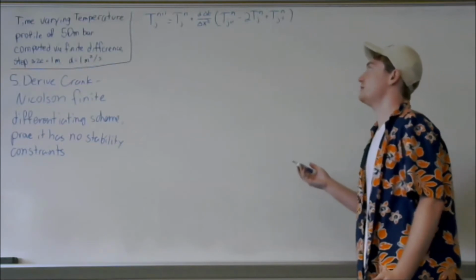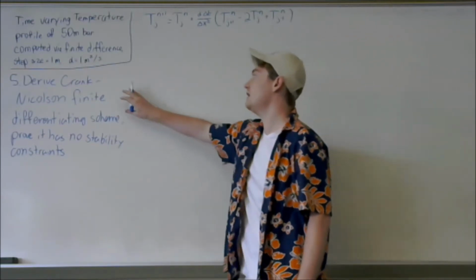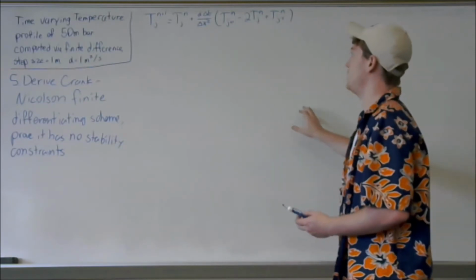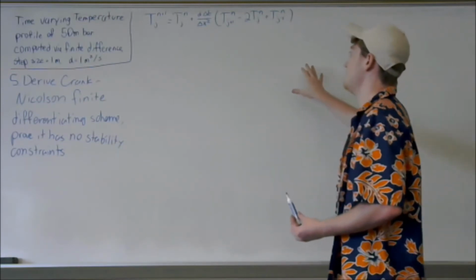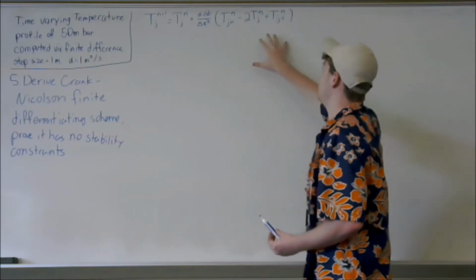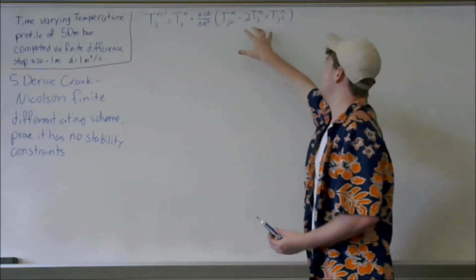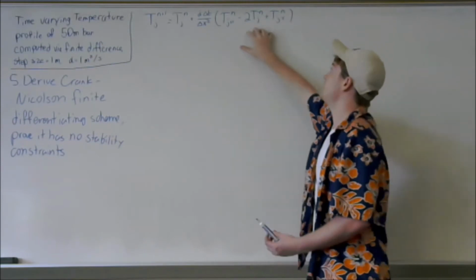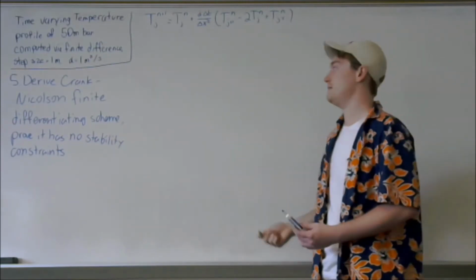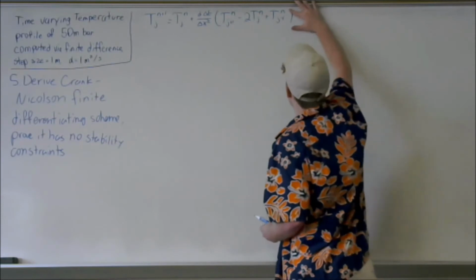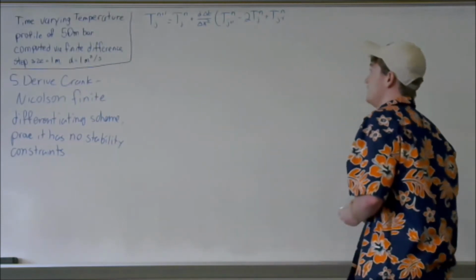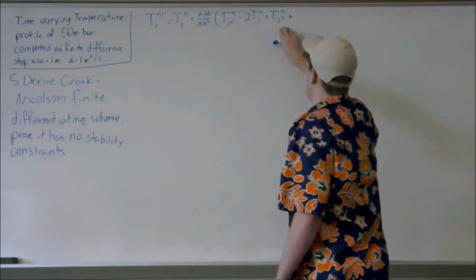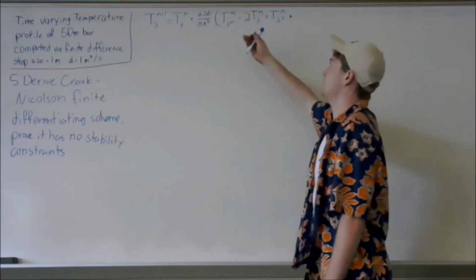How we're going to do that, as I just said, is the Crank-Nicolson approach. The difference between that and what we used before is within these parentheses. Instead of using this in our parentheses, we're going to take the average of these values between two different times. So I'm going to add on to this equation, plus these three values at a different time.